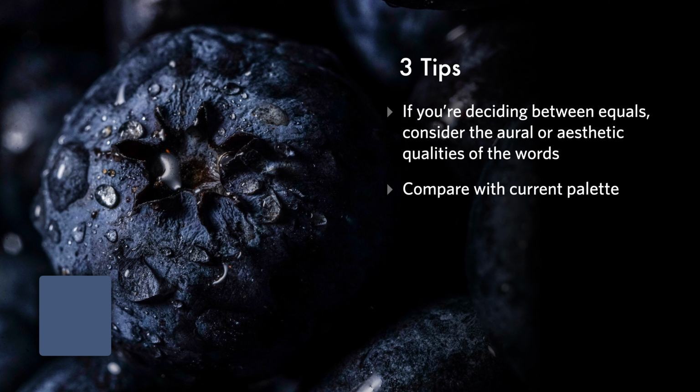Second, compare it with your current palette. So sometimes you'll have themes. So maybe you have one palette that has a food theme or a wood theme or something like that. And so if you have patterns already in your palette, just pay attention to that. And lastly, and of course, do not be cliche.